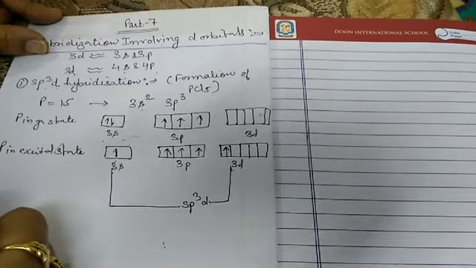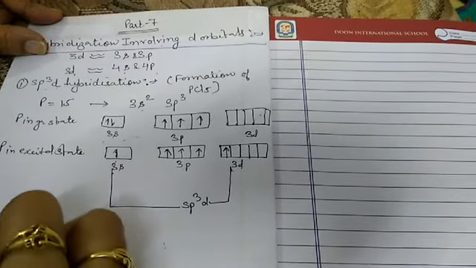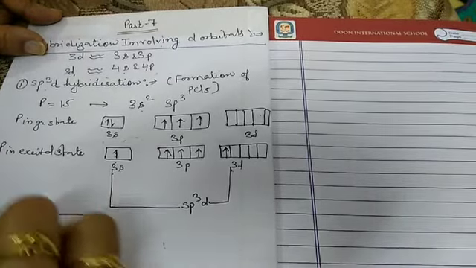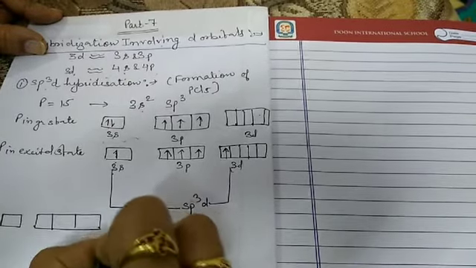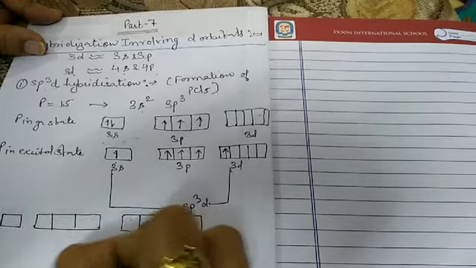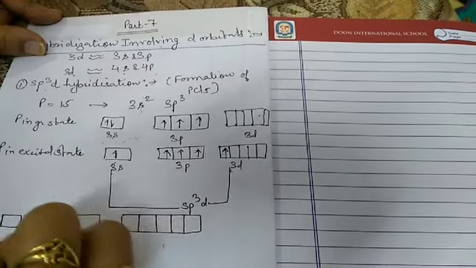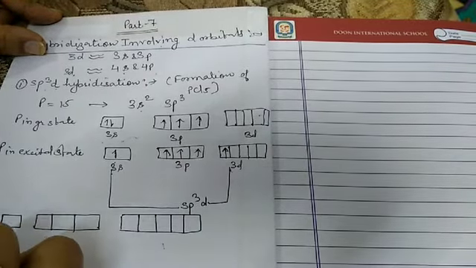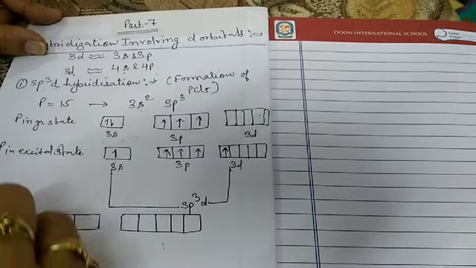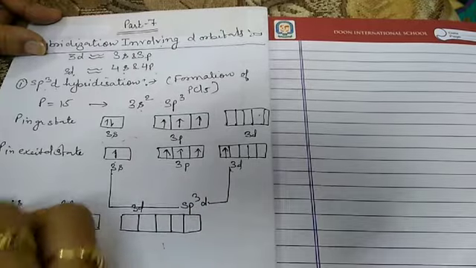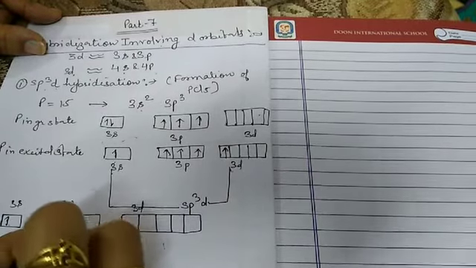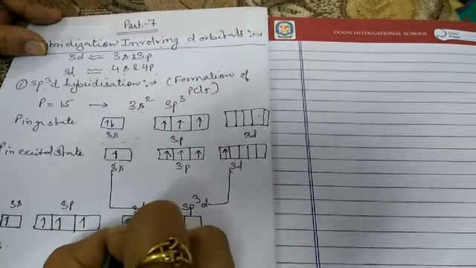And if we are talking about PCl5, this is the 3s, this is for the p, and this is for the d: 3s, 3p and 3d, with one electron in each.